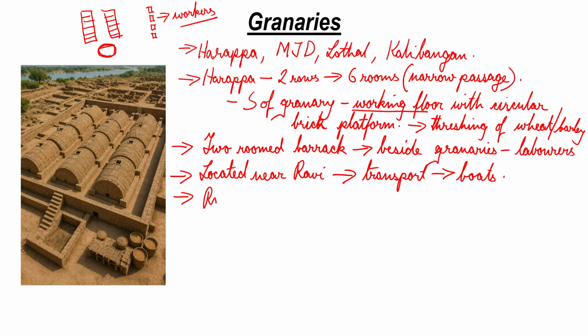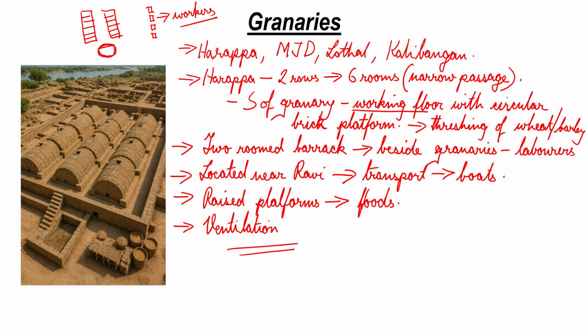Granaries were obviously made on a raised platform, probably to protect against floods. Wherever you find a raised platform in Harappan civilization, you will know that it was protection against flood. So there was also proper ventilation. So these are all the features of granaries.